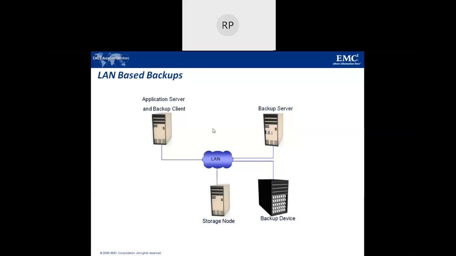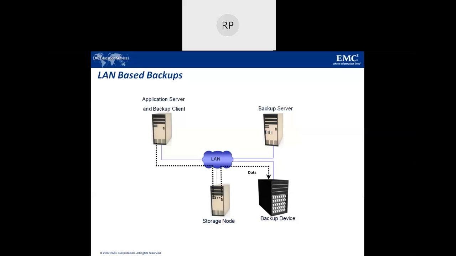The data is going to be transferred from the backup client to the backup device through this LAN. Now this is the backup client and it is transferring the data through the storage node to the backup device. Hence, all the data has to be processed through LAN.